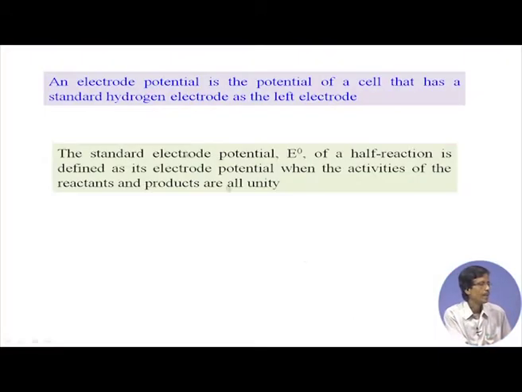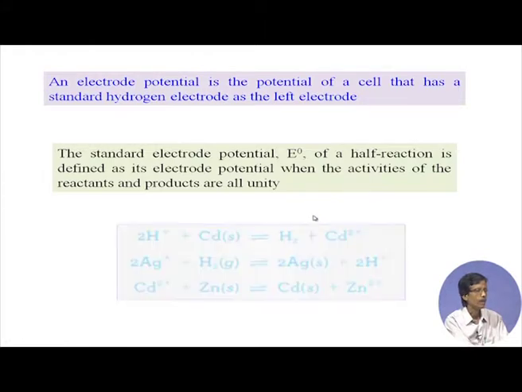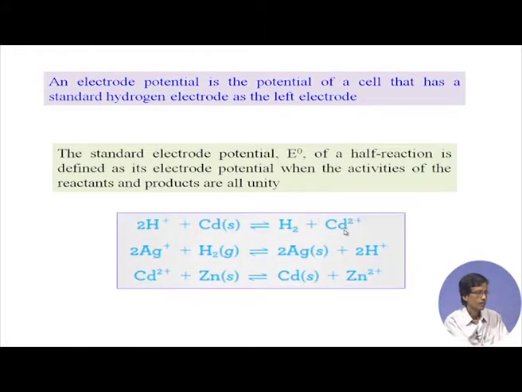So, we get these as activities of the reactants and products all being unity. If we consider their concentrations in that way, the resulting value is your E0 value for that particular half cell reaction.